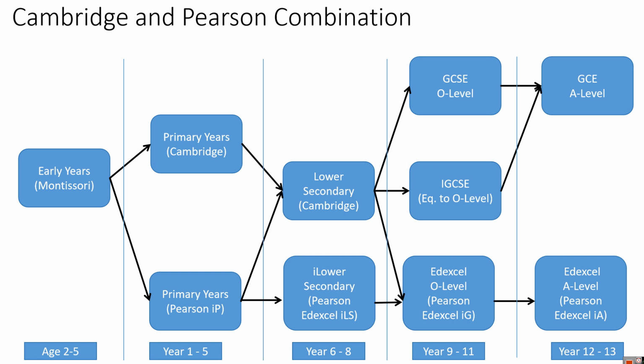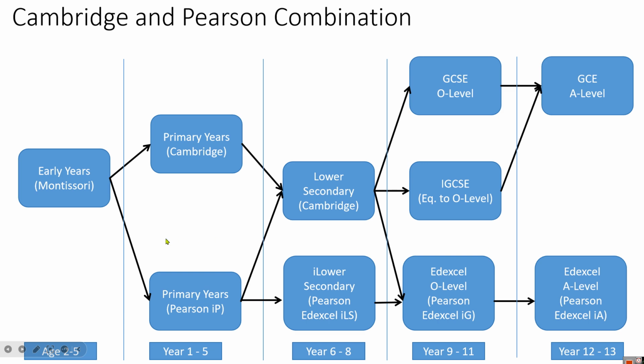From there, some schools do not offer primary years for Cambridge. They only offer primary years for the Pearson and Edexcel. And some schools only opt for Edexcel at the O level. So as you can see, the arrows are moving up and down. Different schools are offering different combinations. Some are offering both as a choice.